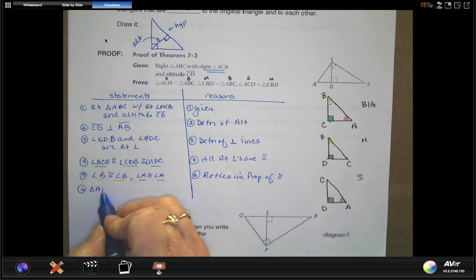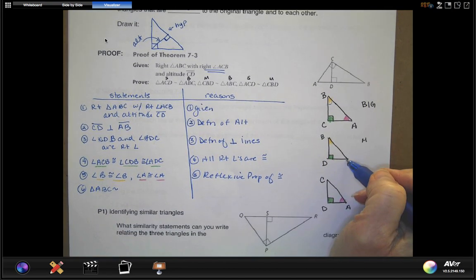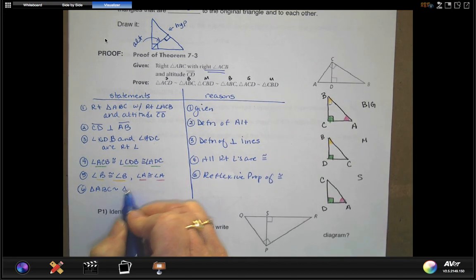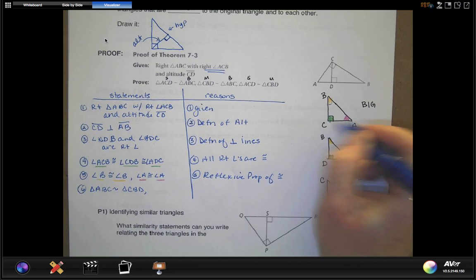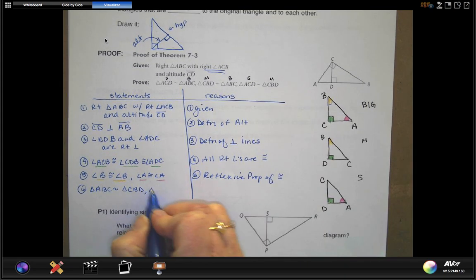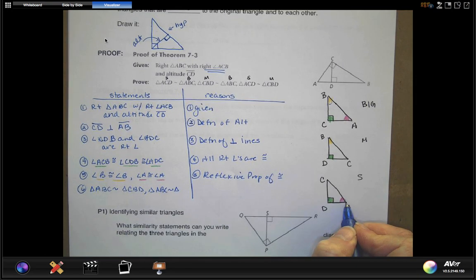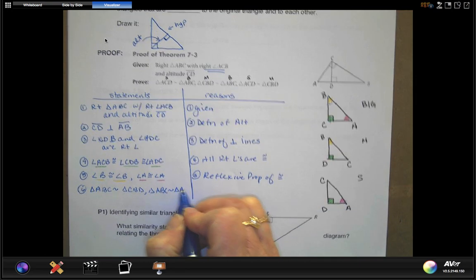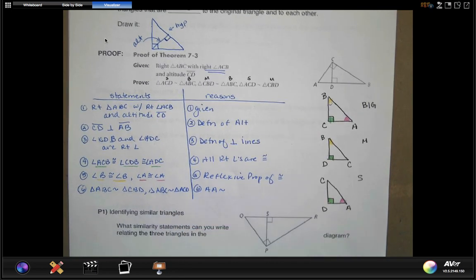So I know that ABC is similar to CBD. And I know pink, green, triangle ABC is similar to triangle ACD. And my reason is just the angle similarity.